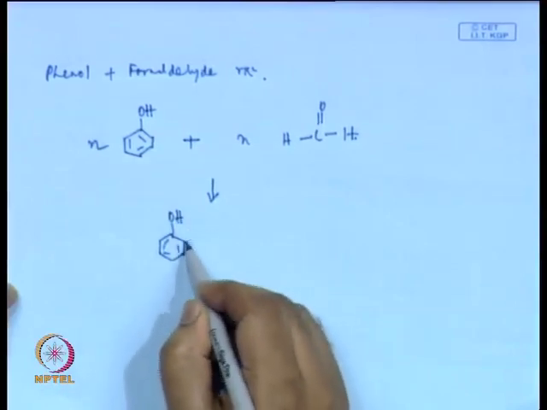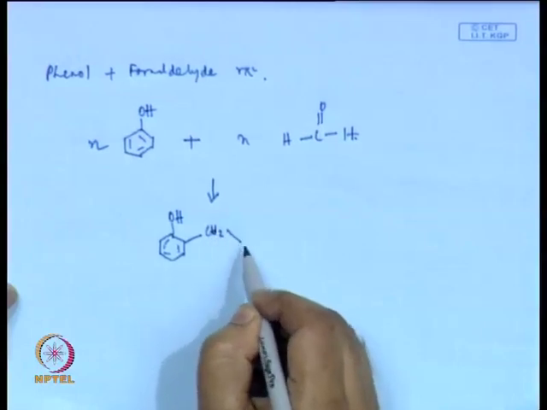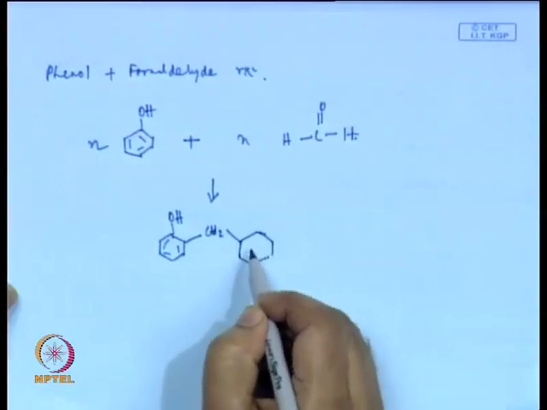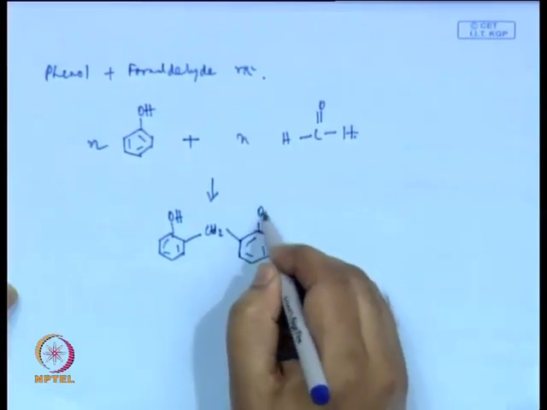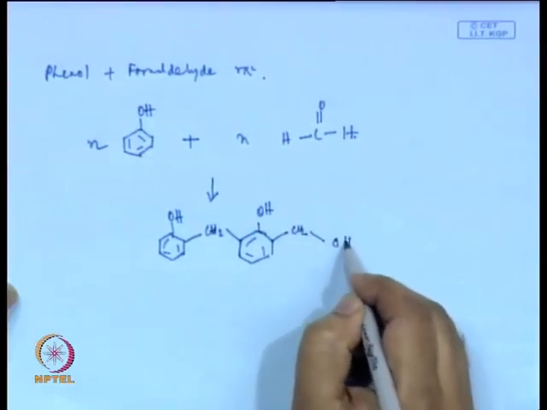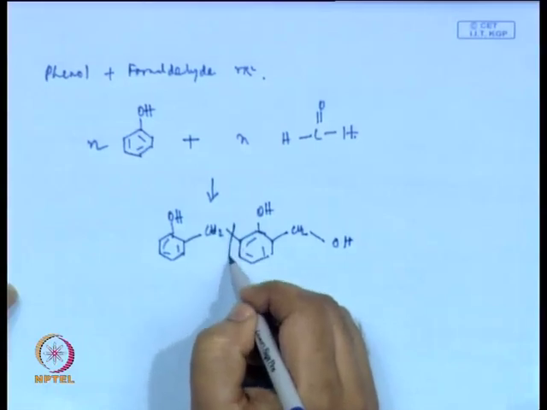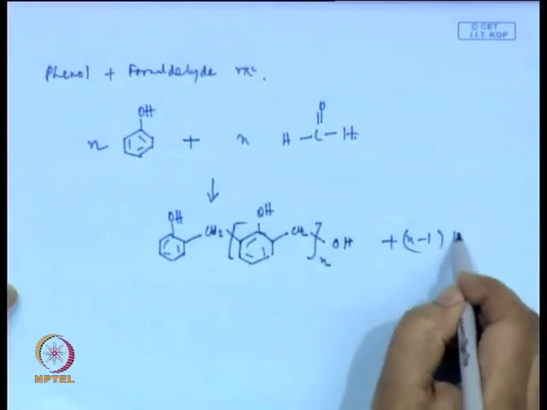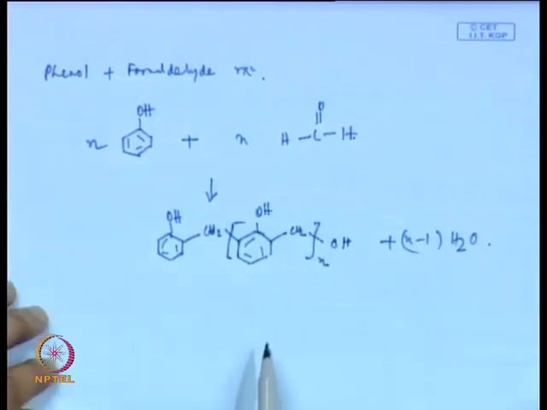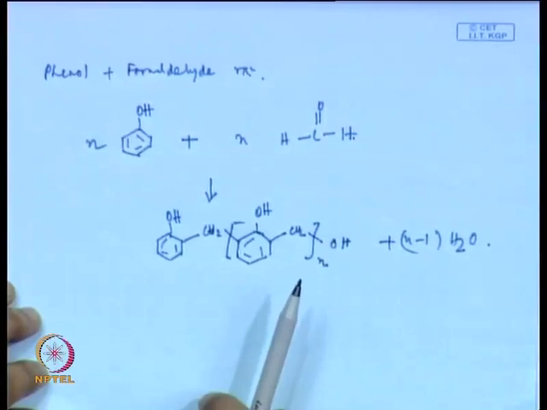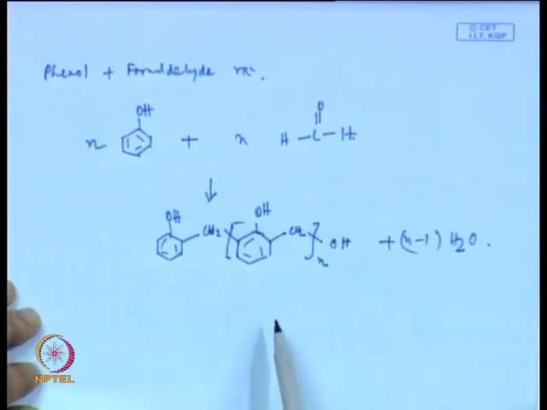This gives a polymer like this. Okay. Now, with the original definition of addition and condensation polymers, you will definitely classify this as a condensation reaction, because in this reaction small molecules are coming out.